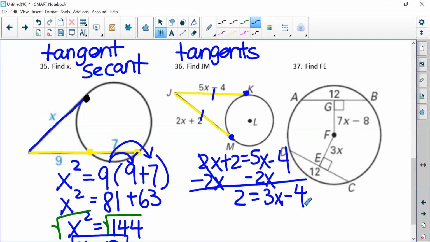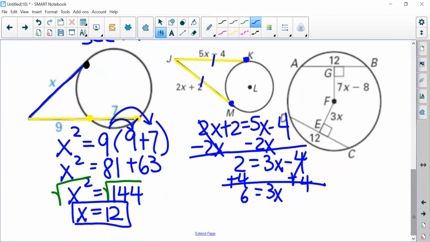Right now, 3x is being subtracted by 4, so we want to add 4 to both sides. This reduces, 2 plus 4 is 6, bring down our equal sign, bring down our 3x, okay? Remember, we're trying to isolate the variable, so since x is being multiplied by 3, we divide both sides by 3, and x is equal to 2.